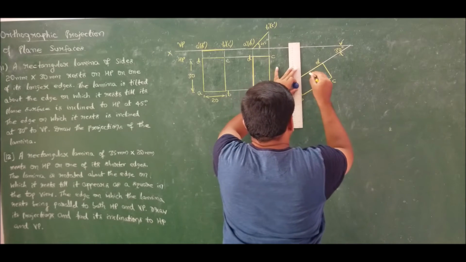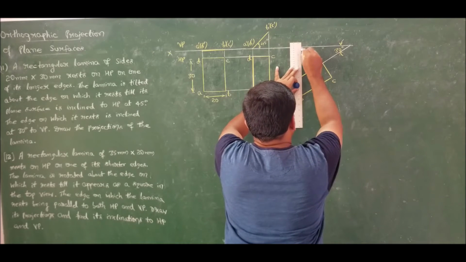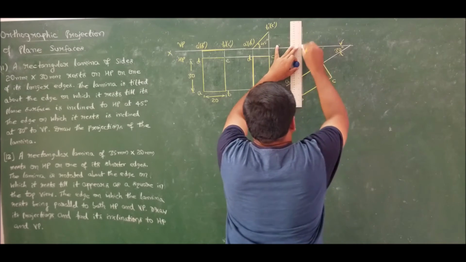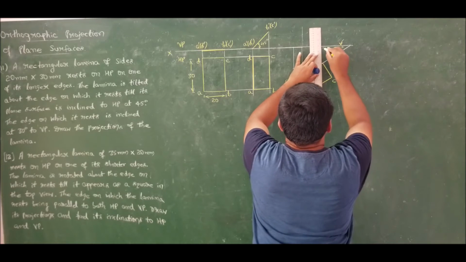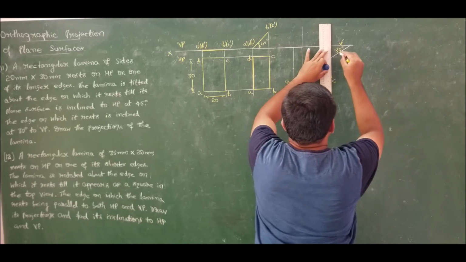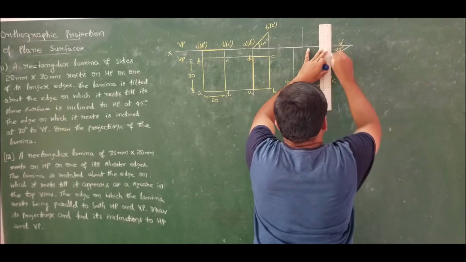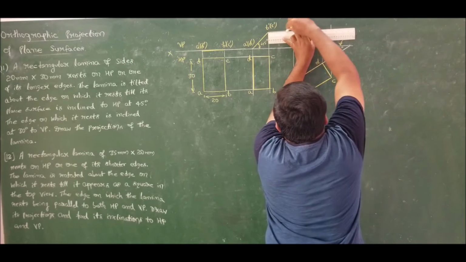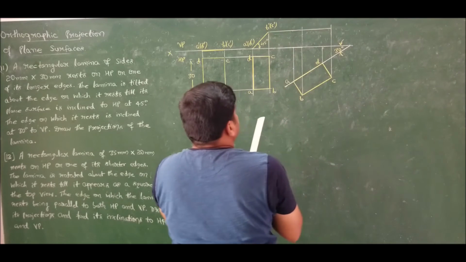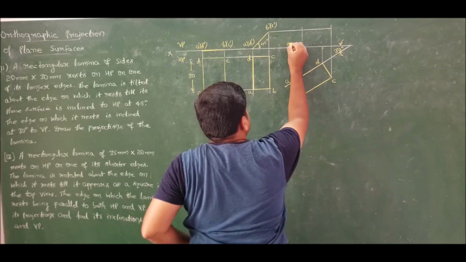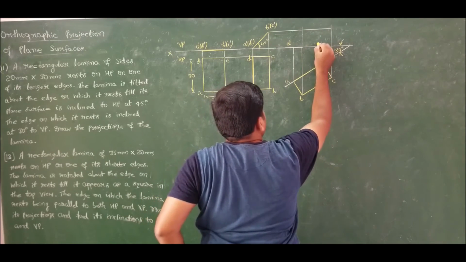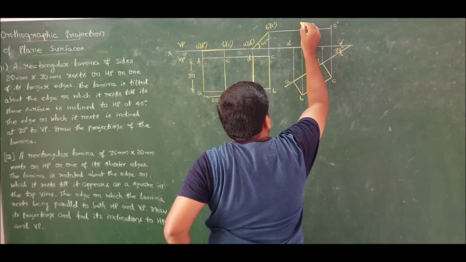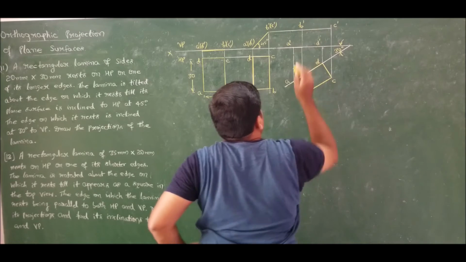This is A. Here I will get B. B is above, right? B is here. D is here. And C is here. Let me mark B dash C dash. So now I can join. This is A dash. This is D dash. This is C dash. And this is B dash.